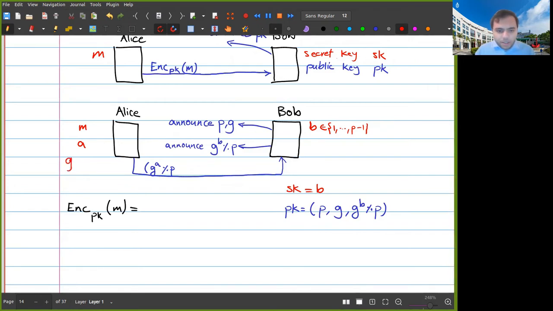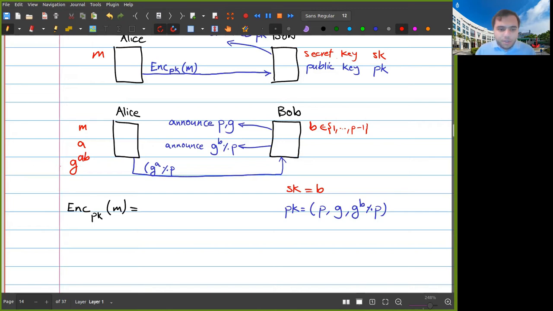So Alice can just take G to the power of B, which was already in the public key, and she can raise this to the power of A, right? So as before, what this would give Alice is G to the power of AB. So Alice can compute G to the power of AB, and remember that this was the shared key that Alice and Bob had in Diffie-Hellman.